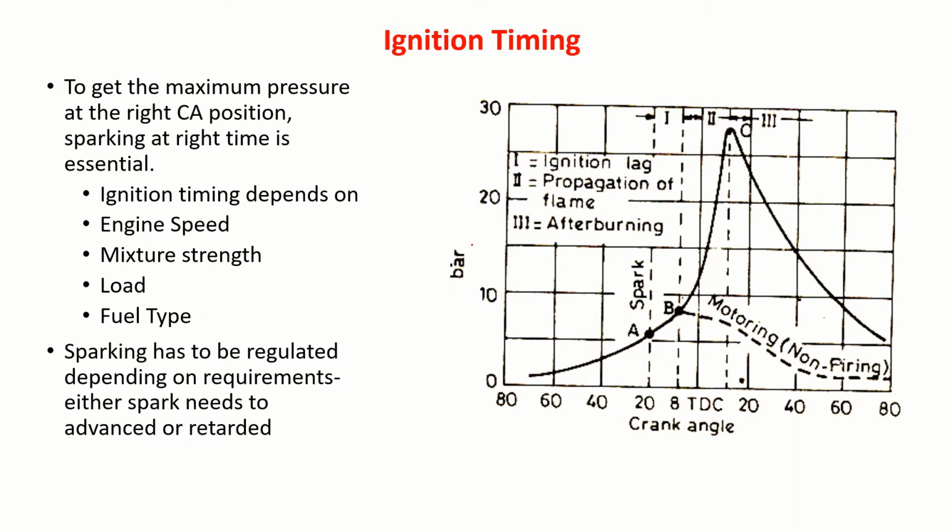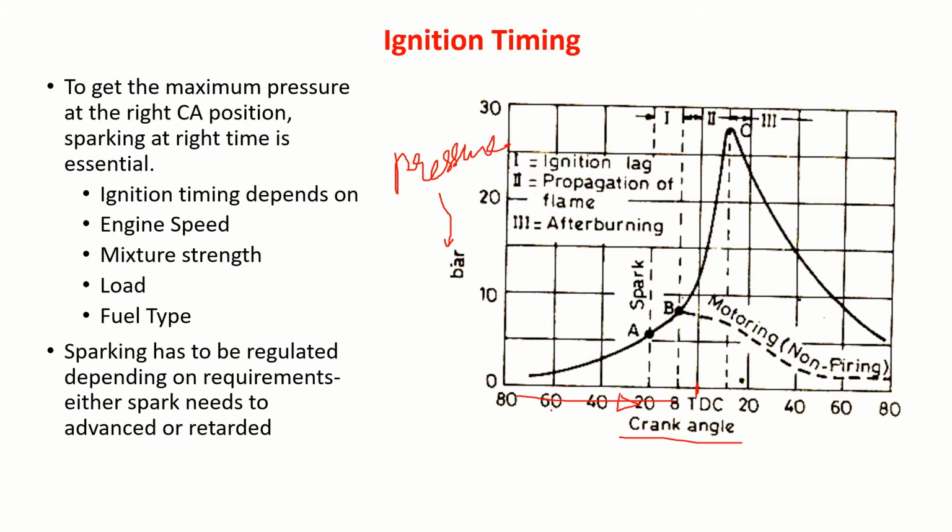You can see the pressure inside the cylinder, in bars, versus crank angle diagram. So this is the top dead center point. Let us say the piston is executing the compression process.